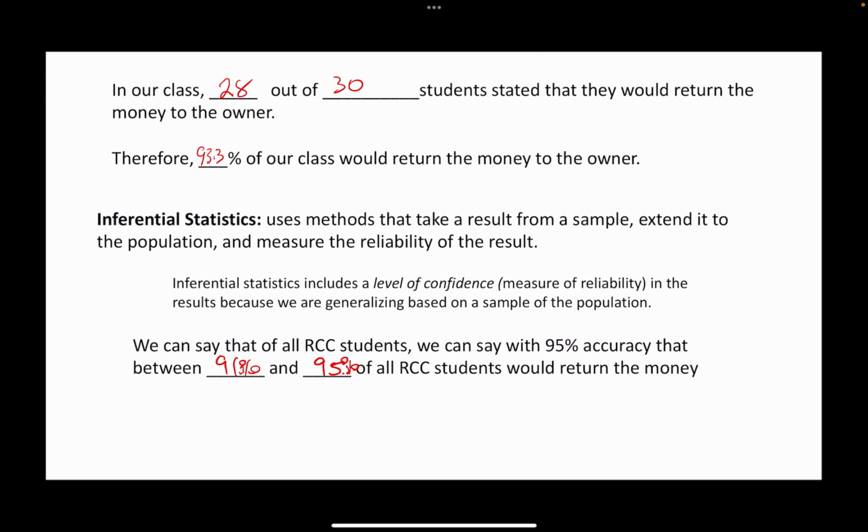If I say between 91.3% and 95.3% of all RCC students would return the money, I am inferring something based on my sample. I am applying it to the population. And I'm saying with 95% accuracy that between those two values of RCC students would return the money.